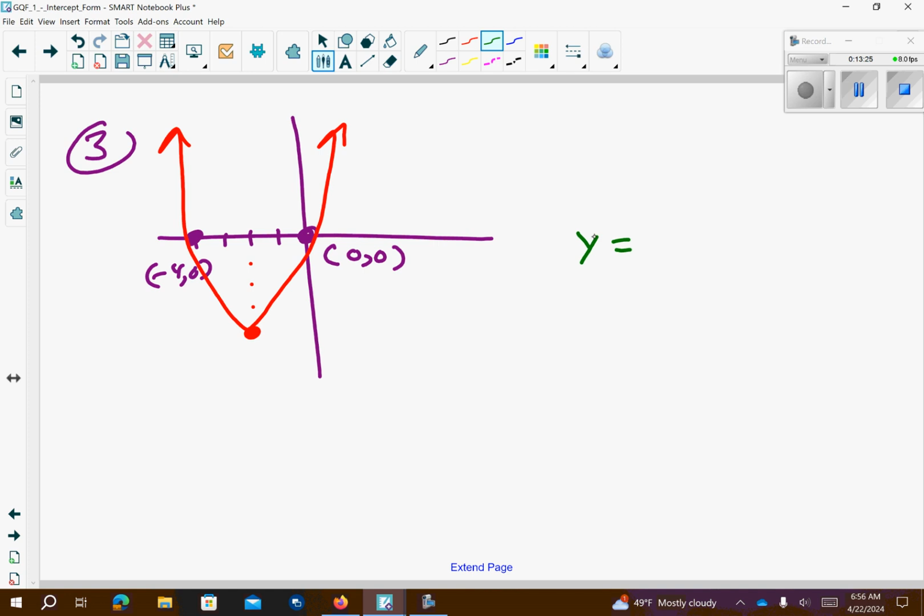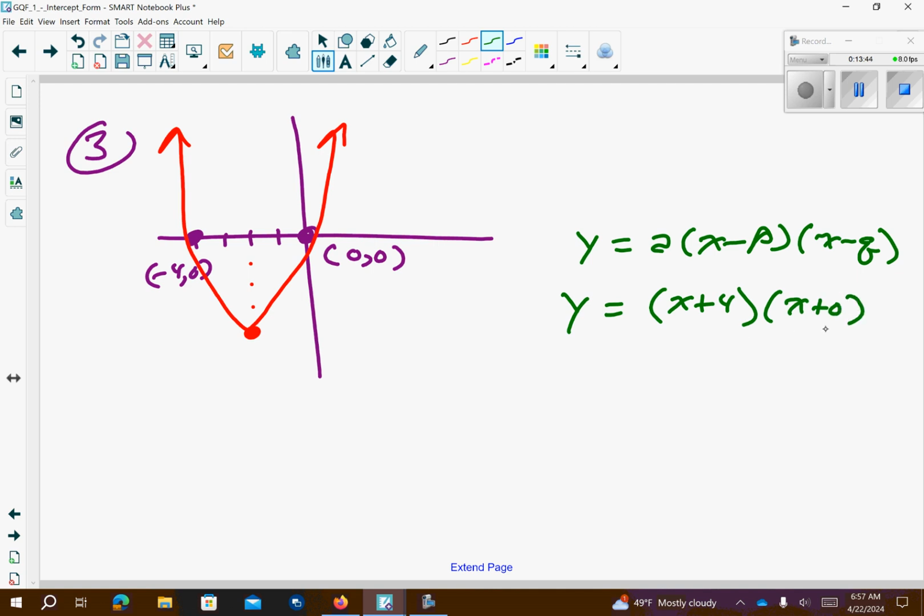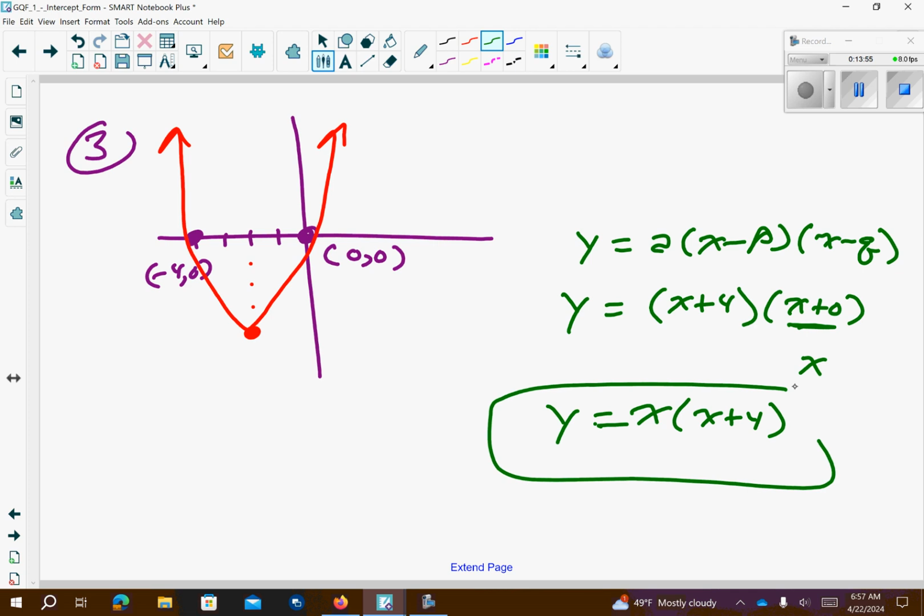All right, so it's going to be positive, so our a value is positive. So just leave that alone. Opposite of negative 4 is positive 4. Opposite of 0 is just 0. So if you left it like that, you're fine. But realize that that's the same thing as saying x. So this equation is actually this. And again, the a value will be changing a little bit, but we're not worried about it.